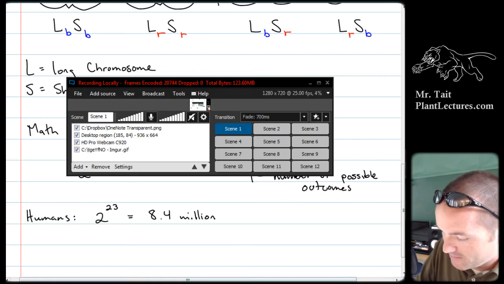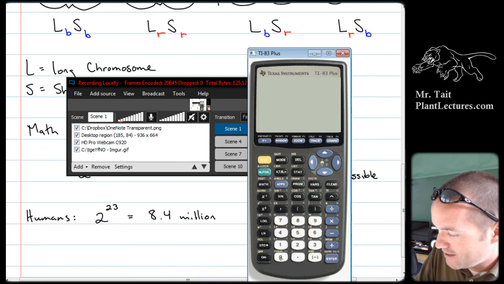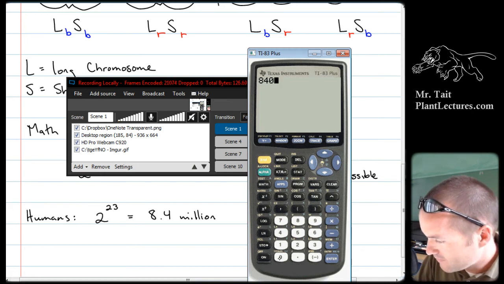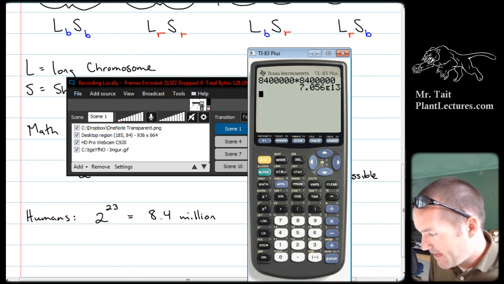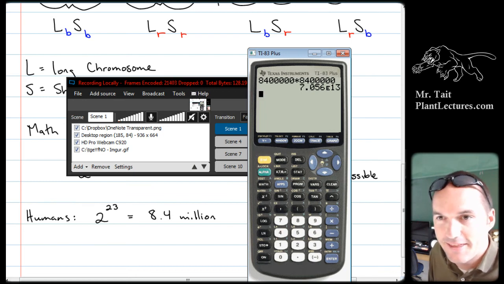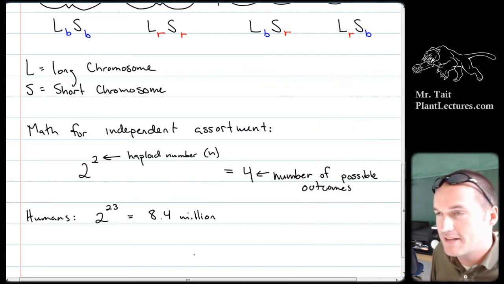So it's 8.4 million times 8.4 million. Yes, 1 in 7.05 times 10 to the 13th that you would look just like a sibling.